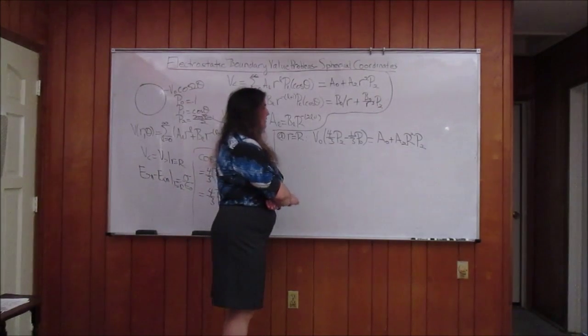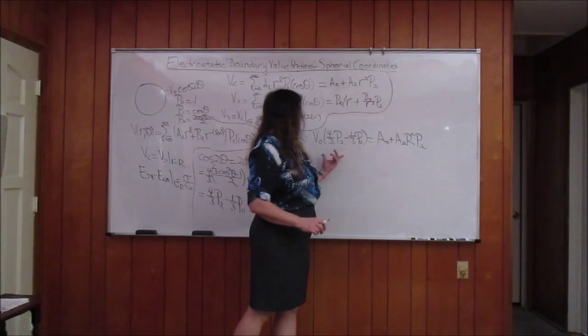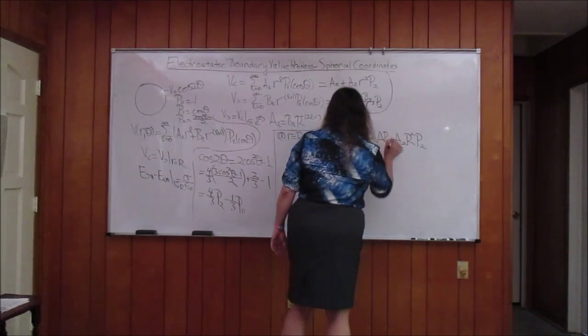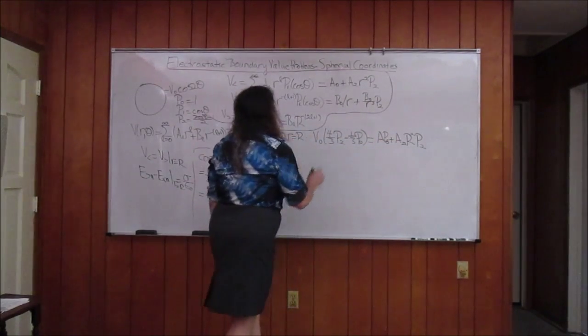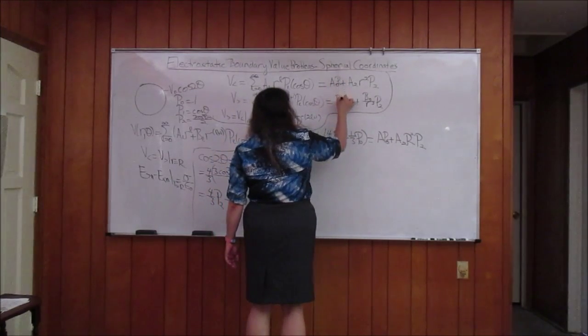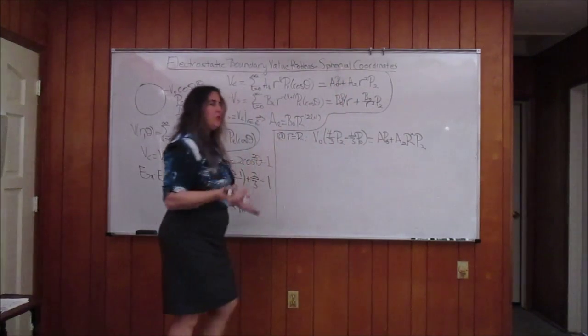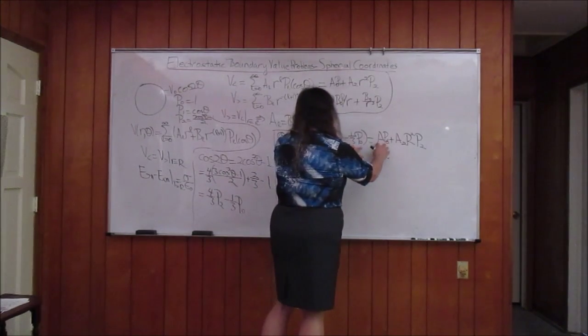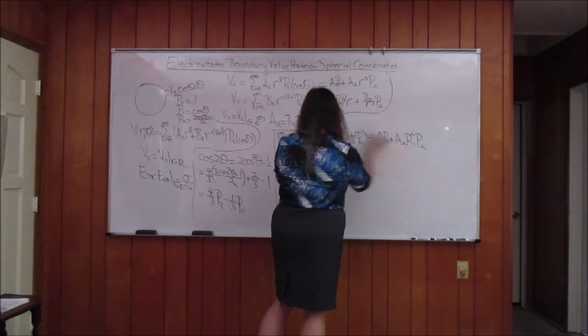The only way this condition can be satisfied is, I should write P naught here, and here as well, and here as well. That's just equal to 1 in any case. And the only way this condition can be satisfied is that this term is equal to this term, and this term is equal to this term.